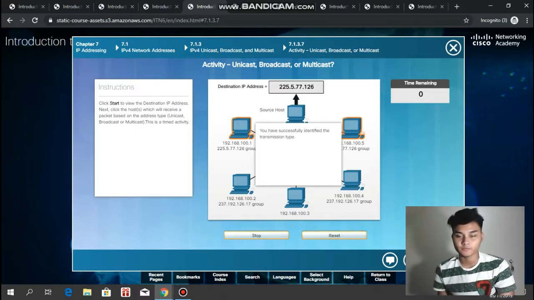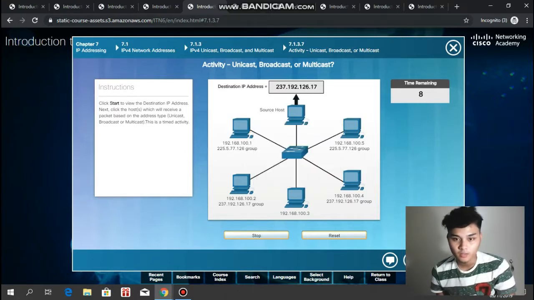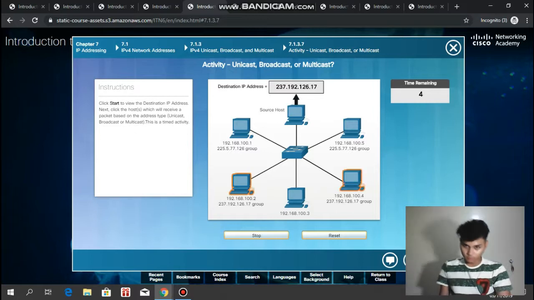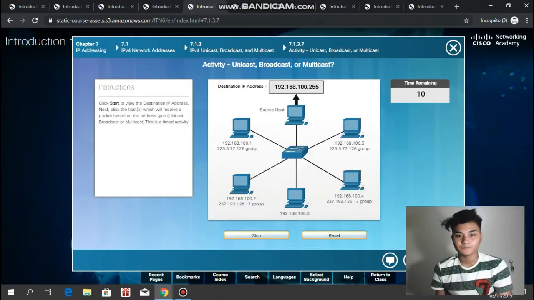Again, 170, it is also multicast. It is easy because you have to see the IP address for you to determine the answer.